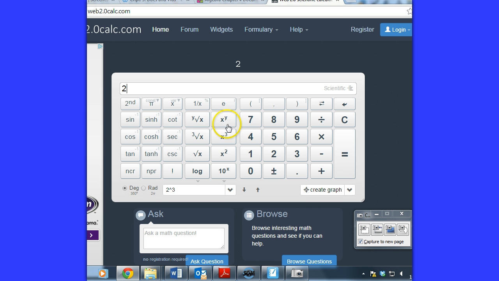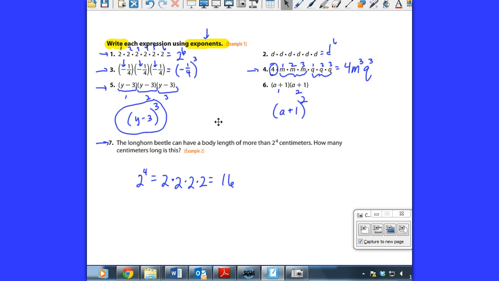There's a button on your calculator that either looks like this, x to the y, or it might be y to the x, or I'm going to click back to my Smart Notebook here. So it might be one of these 3 buttons, x to the y.